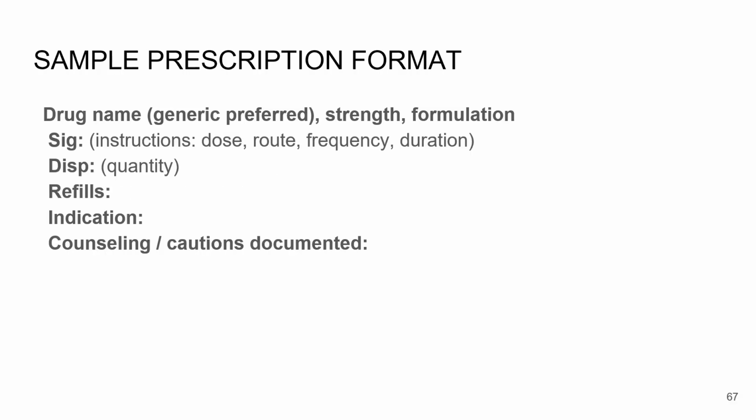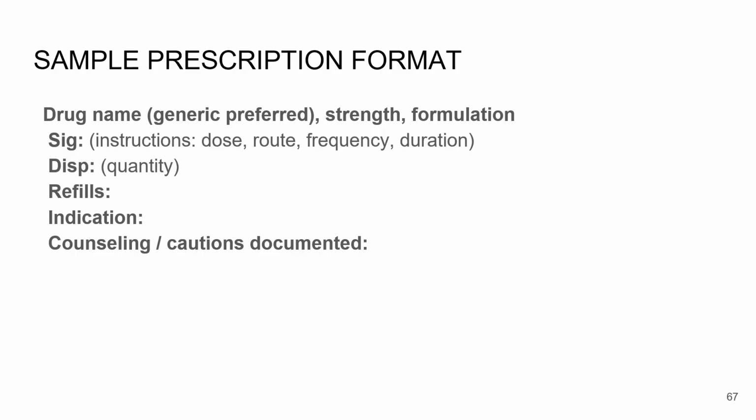Okay, and then this is just a typical sample prescription format. So typically we'll put the drug name, oftentimes try to use the generic, the strength, the formulation. The SIG includes the instructions. So that is the dose, the route, the frequency, and the duration. Dispense is how much you want the patient to have at that time.